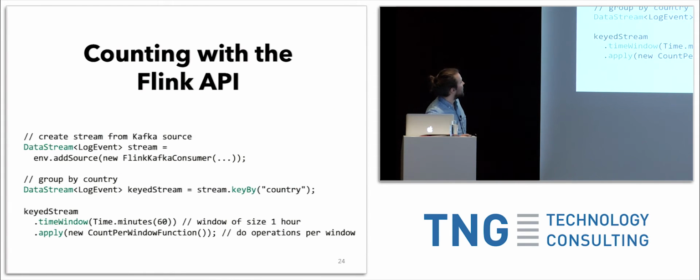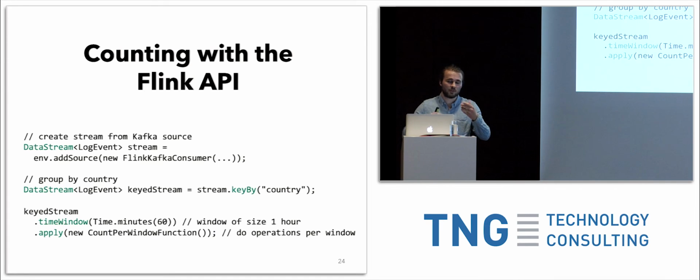So let's look at an example. This is the only time I'm showing code here, but it's a very simple example of how we would do a counting job in Flink. Initially we're defining a source to read from Kafka. Then we have the source and we say, I want to key the data by country.